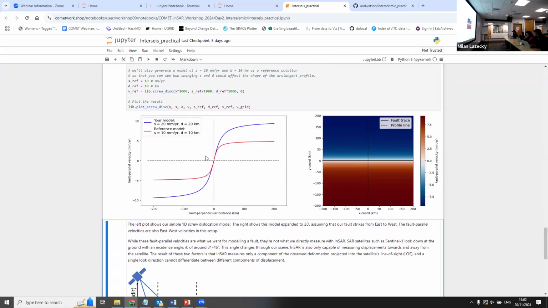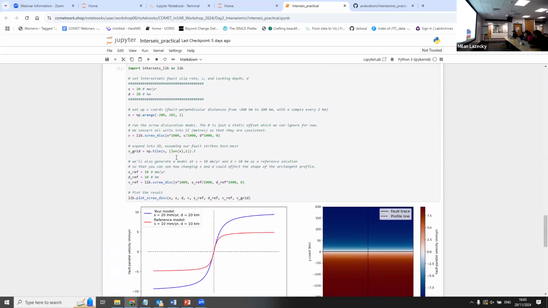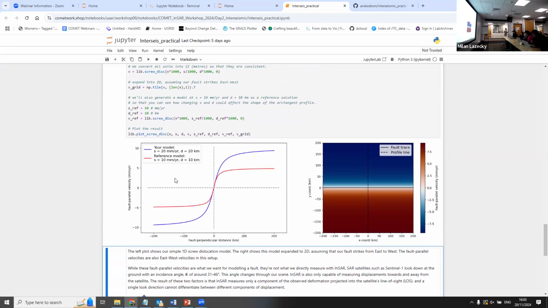In the left figure, you can see how the velocity looks in 1D. You can play with these parameters. You can adjust the slip rate and locking depth in the code and see how these parameters change the pattern of the 1D velocity profile.